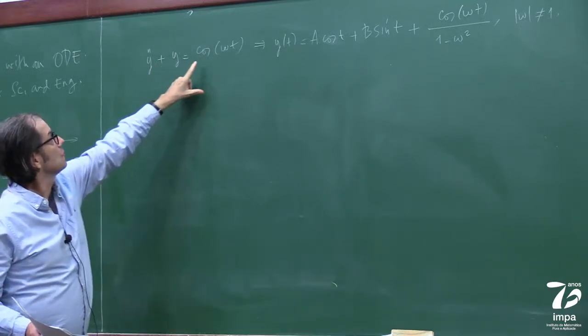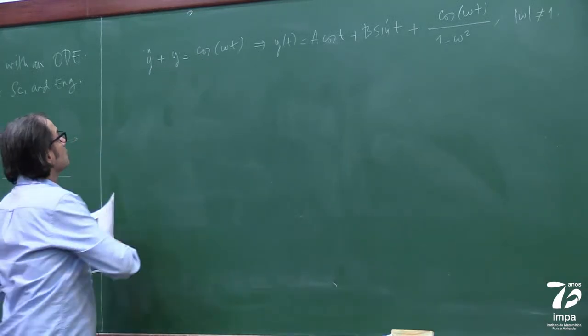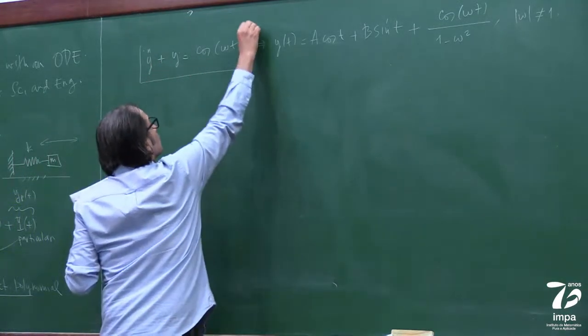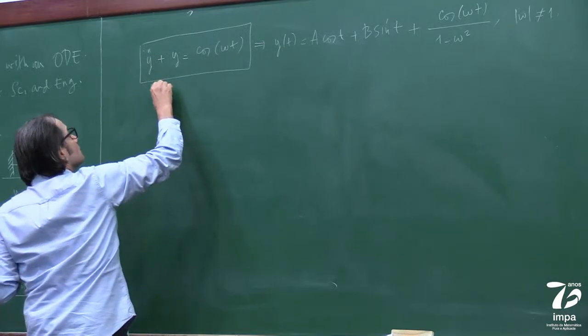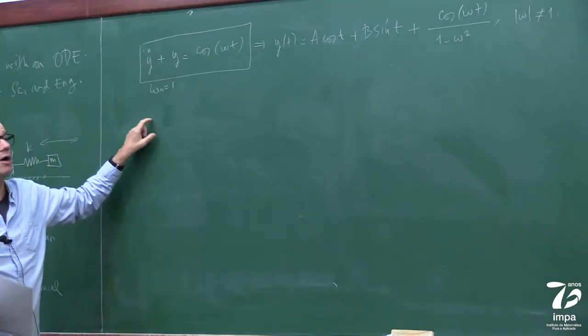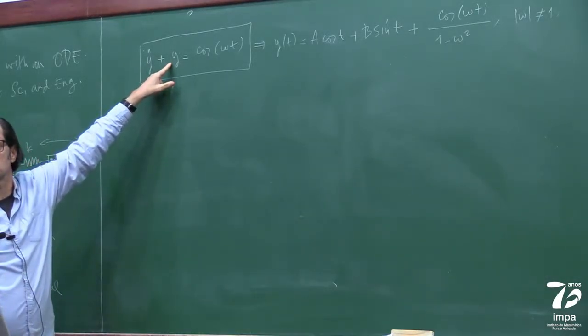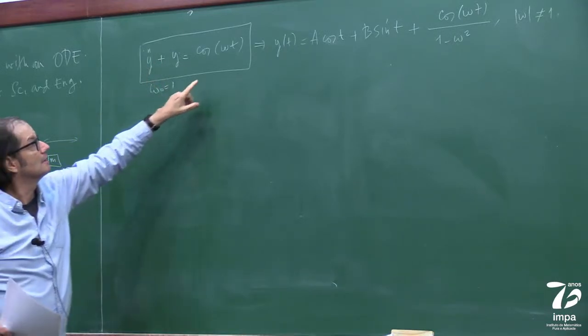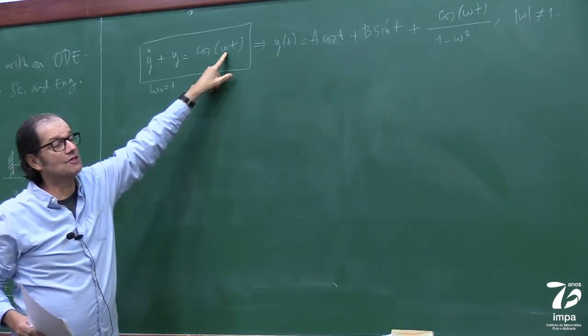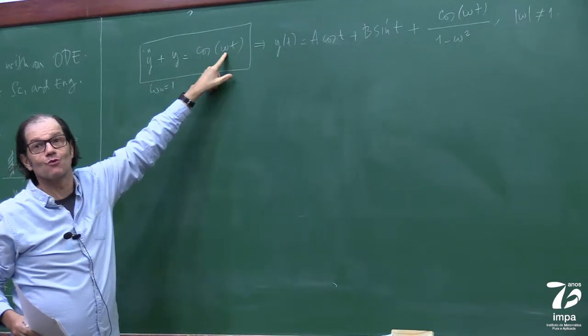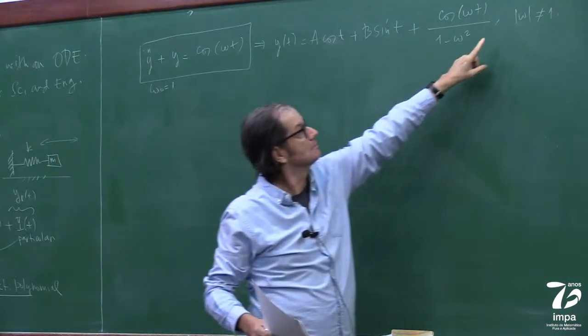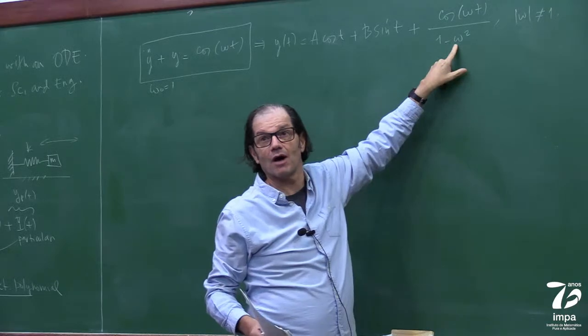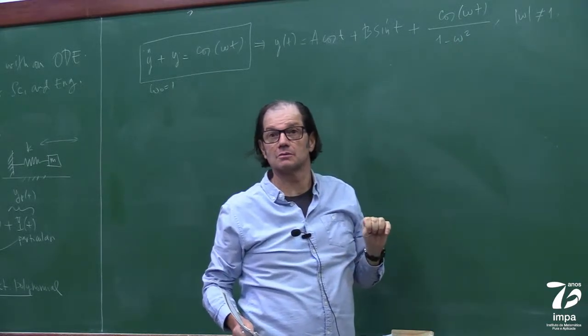So if I have this forced oscillator, which has natural frequency 1, because the mass and the spring constant are 1, the forcing, if it's not equal to 1, so that this doesn't blow up, this is the solution.